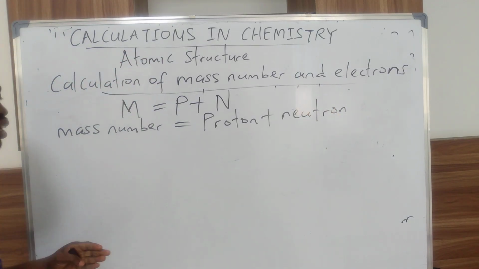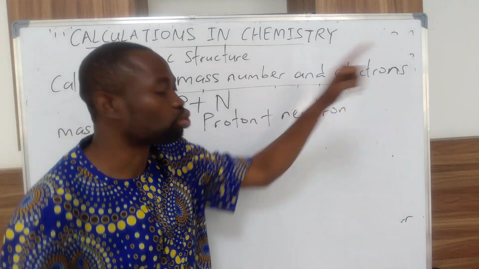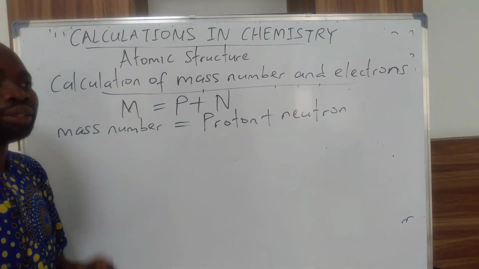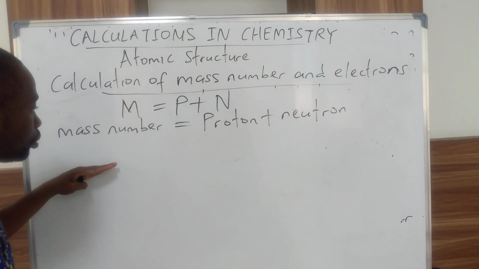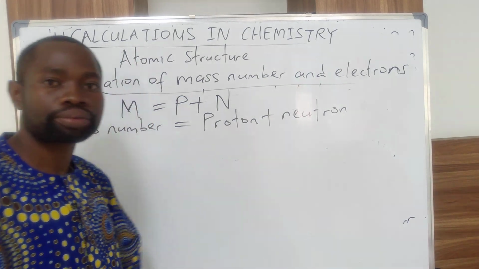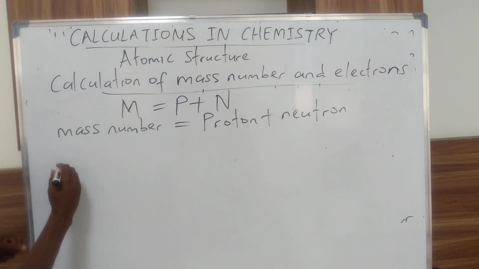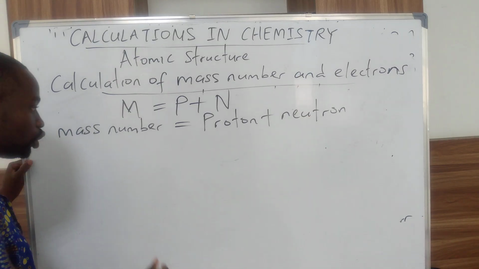The second one is how do we calculate the number of electrons in an atom? There are two types of atom you must know. We have a neutral atom and we have a charged particle. So, how do we calculate the number of electrons?